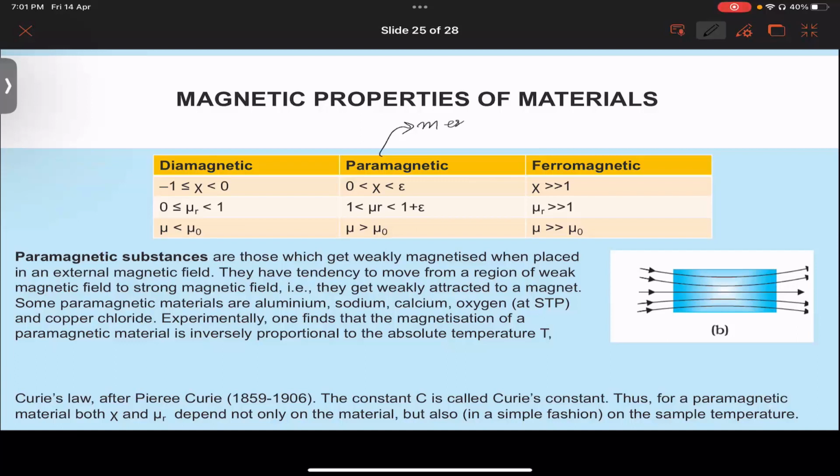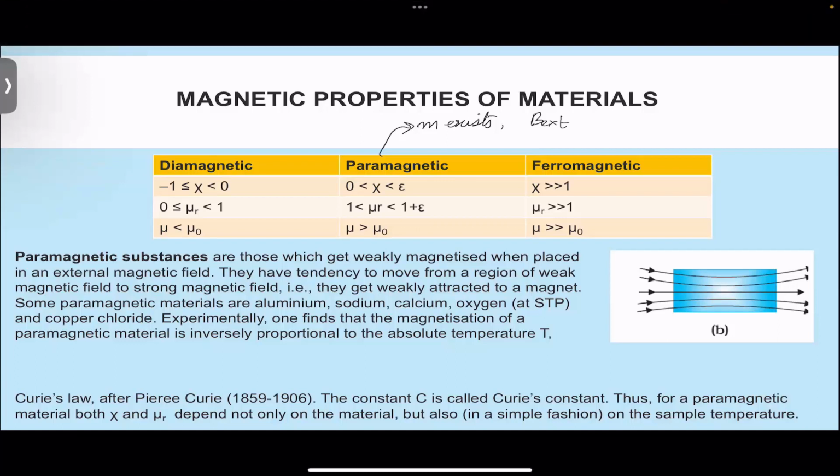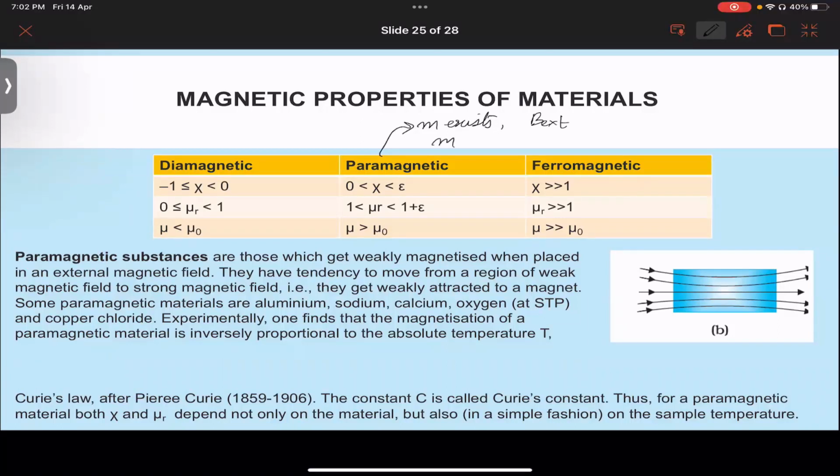If we are considering an external field B_ext which is strong enough, even at lower temperatures, the individual magnetic dipole moments can align. So the M aligns in the same direction as B_ext, with respect to the external field.